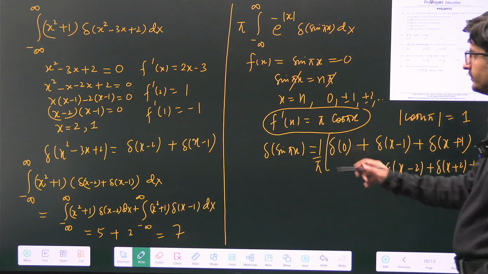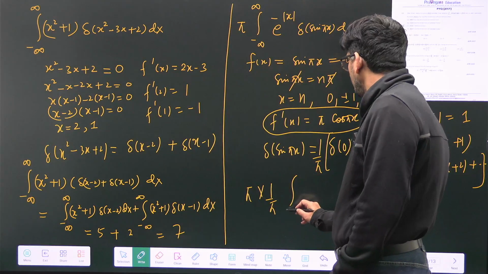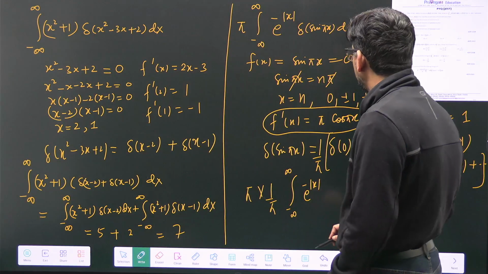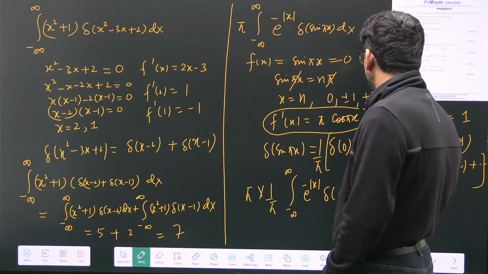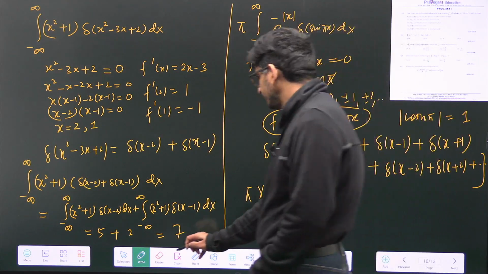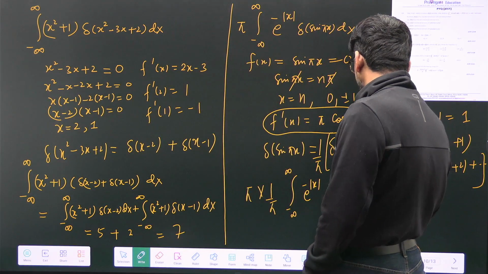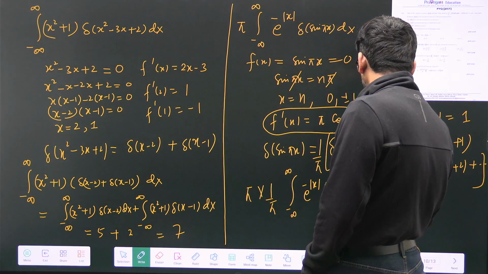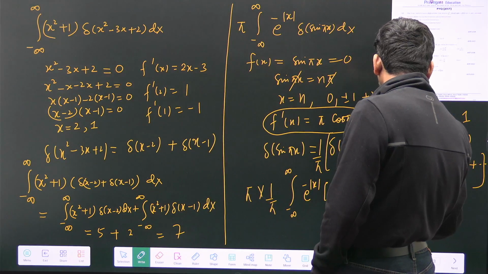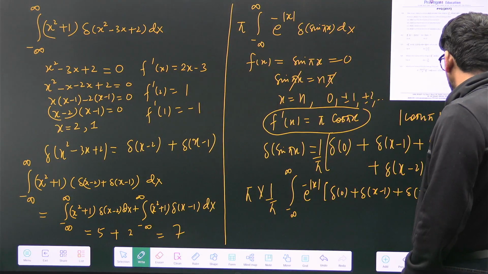इसमें पुट कर दो. पाई इंटू 1 by pi, इंटीग्रल minus infinity to plus infinity e to the power minus mod of x and delta function sin of pi x. इसकी जगह डेल्टा फंक्शन 0, डेल्टा फंक्शन x minus 1, डेल्टा फंक्शन x plus 1 plus and so on.